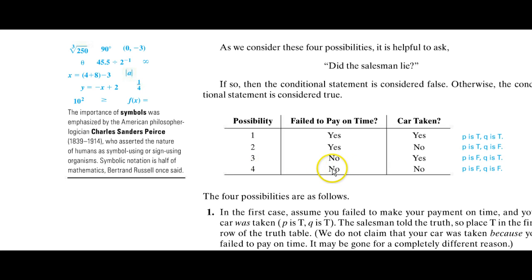Failed to pay on time, no. Car taken, no. P is false, Q is false. So in a sense, a truth table. So let's look at this in more detail.